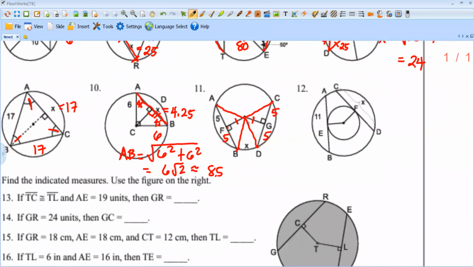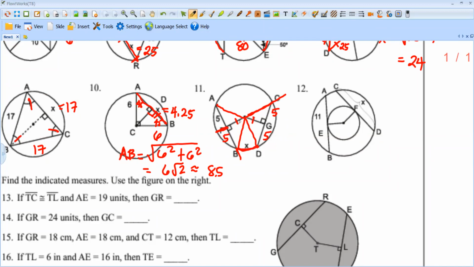If this is 90, 90, 90, this one is intercepting this arc, which is 90.